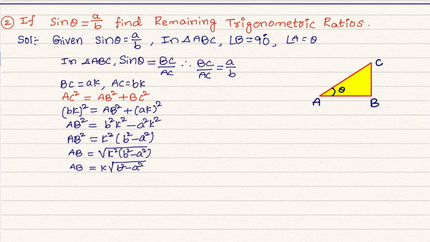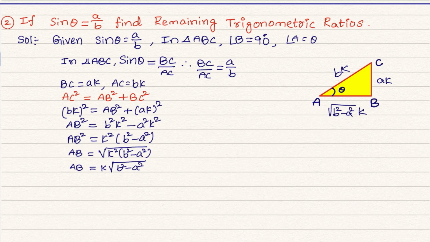So now we got all the values. BC is AK, AC is BK, and the adjacent side is root of b square minus a square into k.